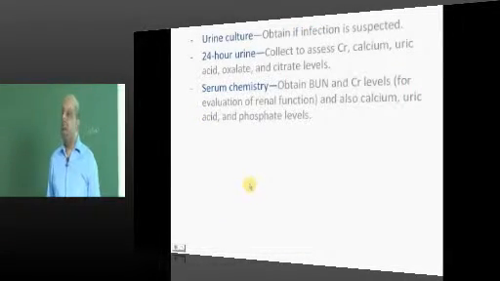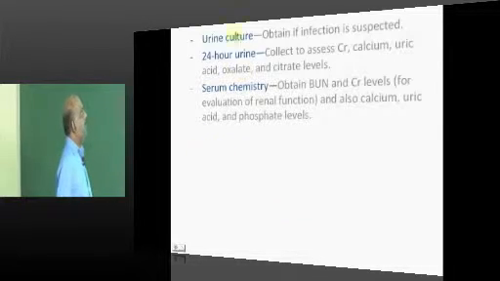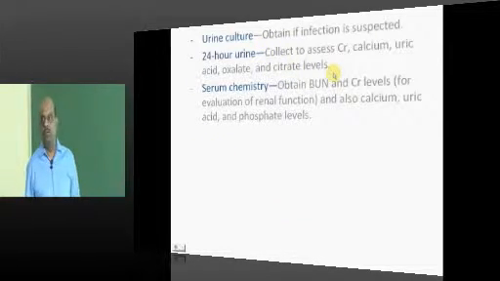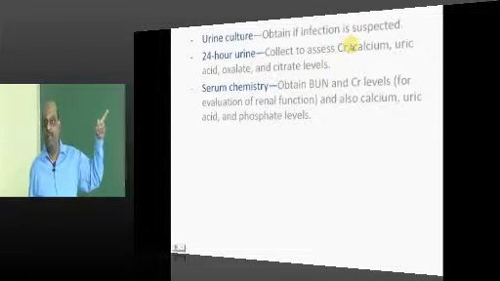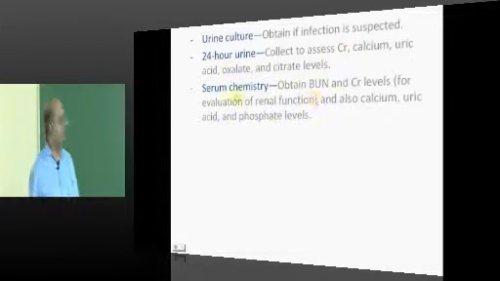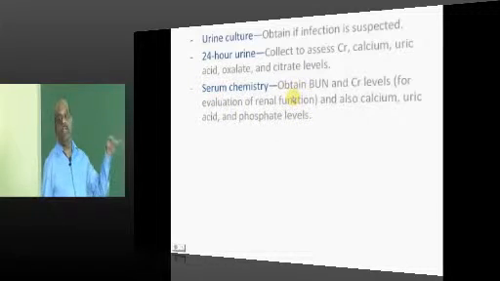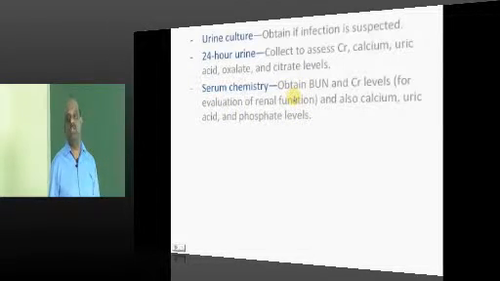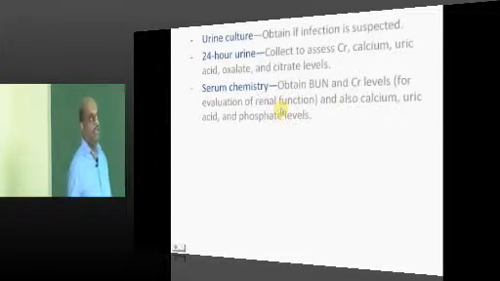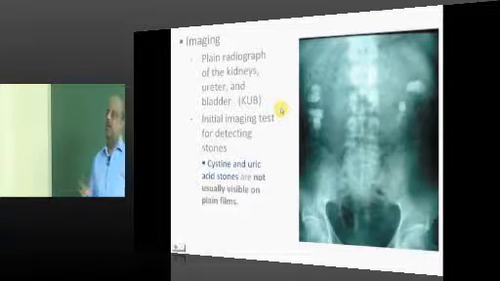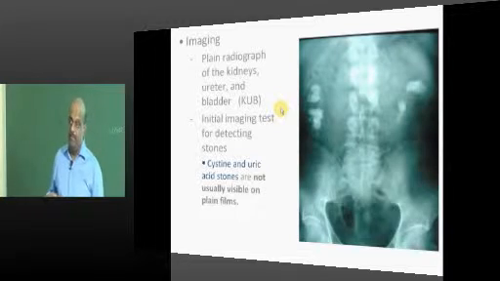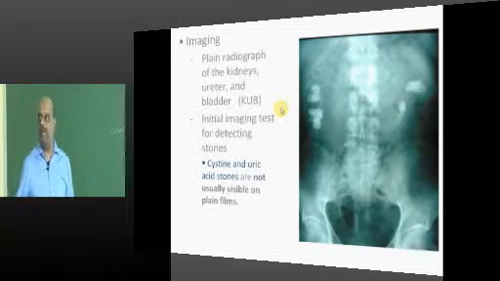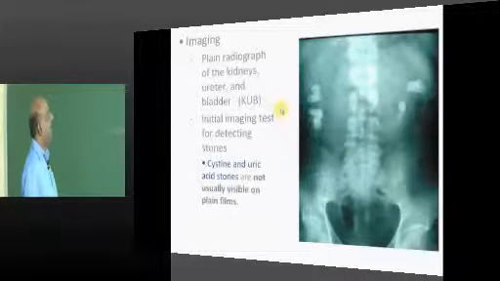You should always send the urine for culture, and a 24-hour urinary sample to calculate the calcium, uric acid, oxalate and citrate levels. You also need to send a serum chemistry, because if it is a very late case, there would have been hydronephrosis with entire renal damage. You need to get the baseline of urea and creatinine.